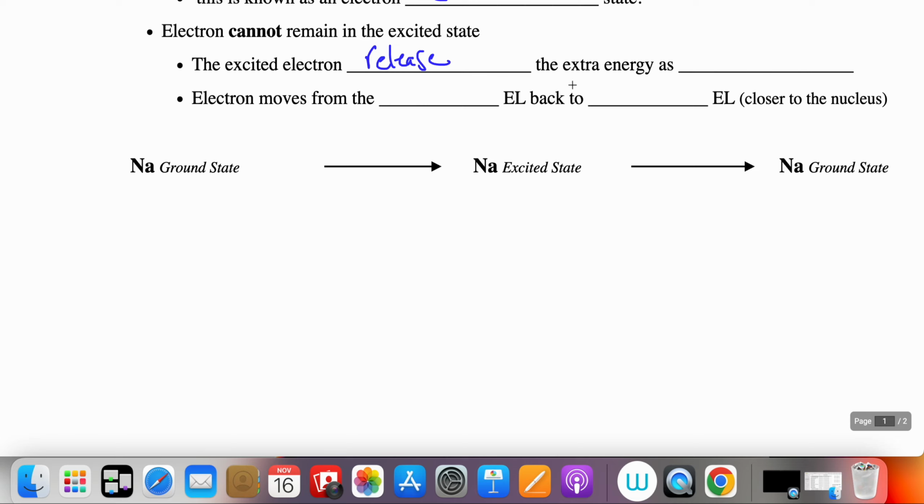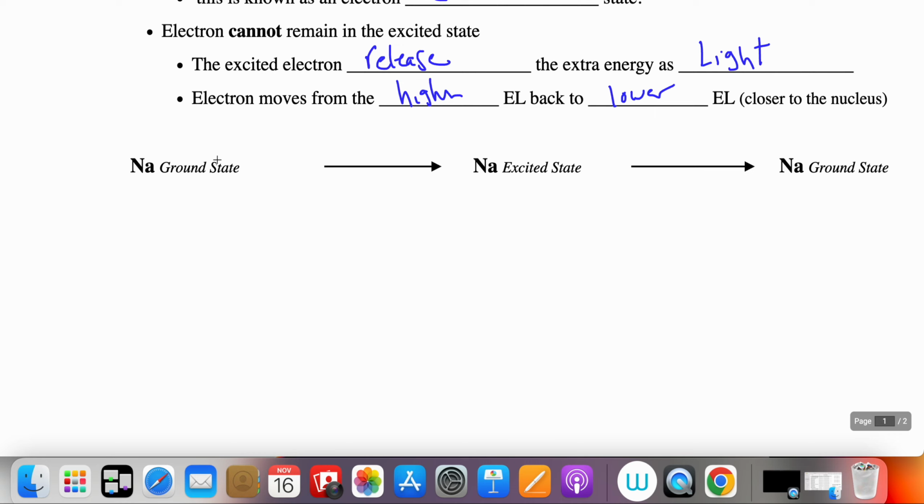And when they start to release it and send it out of their structure, they release it only as light. And when the electron gets rid of that extra energy, it moves from the higher energy level back to a lower energy level, or it moves closer to the nucleus.